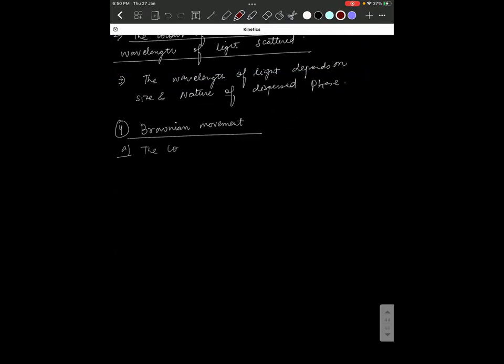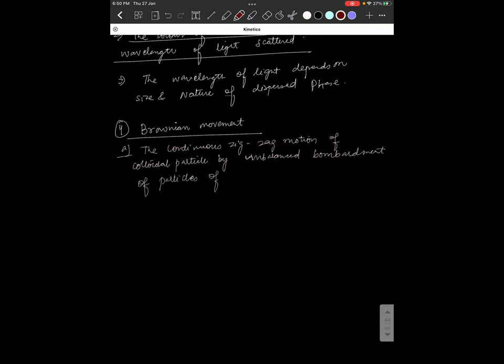The continuous zigzag motion of colloidal particles by unbalanced bombardment of particles of dispersed phase and dispersed medium.